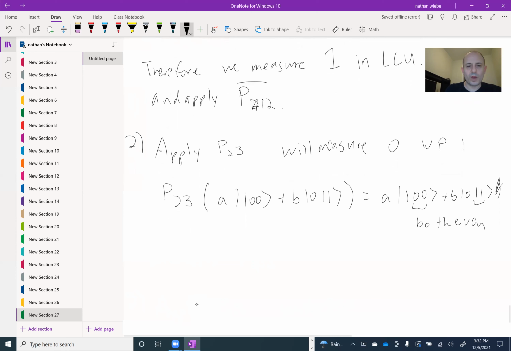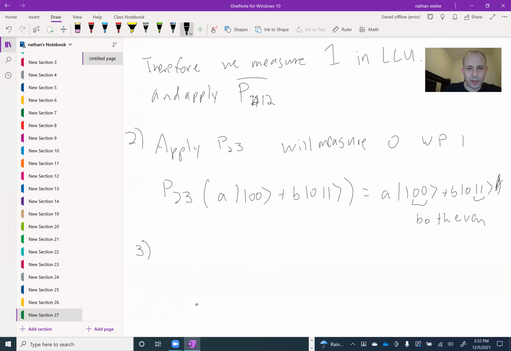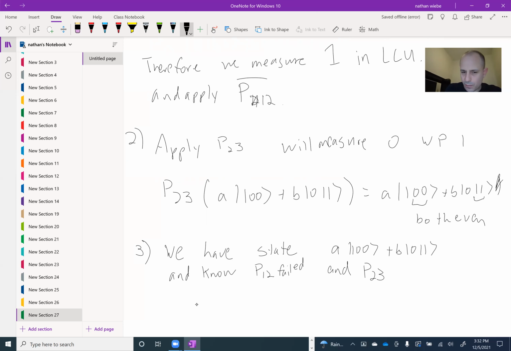So therefore, we have a state in the end, which is of the form A111, and we know P12 failed and P23 succeeded.